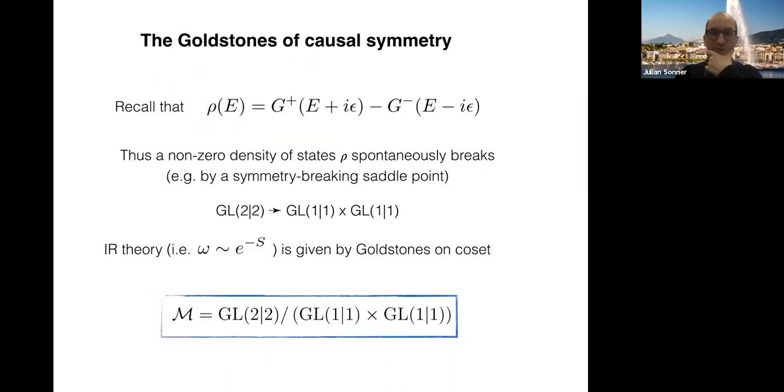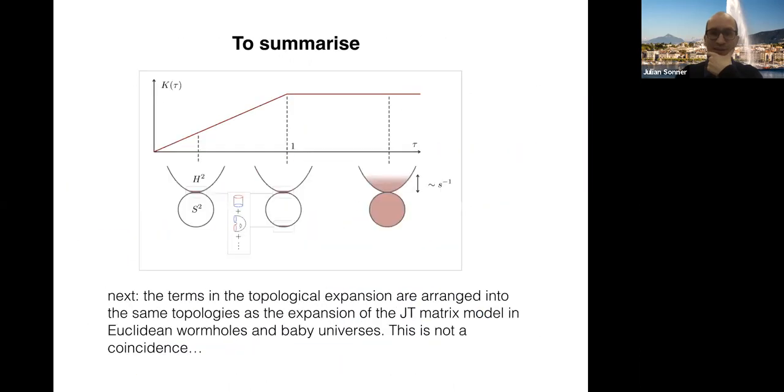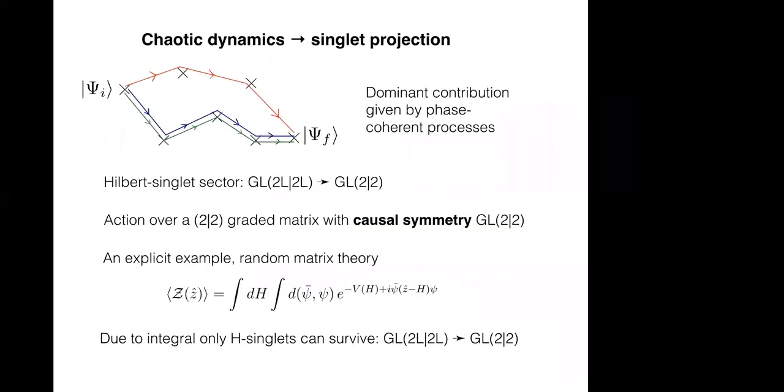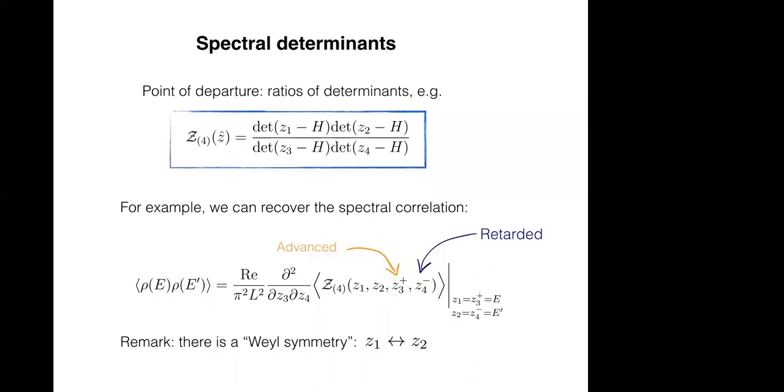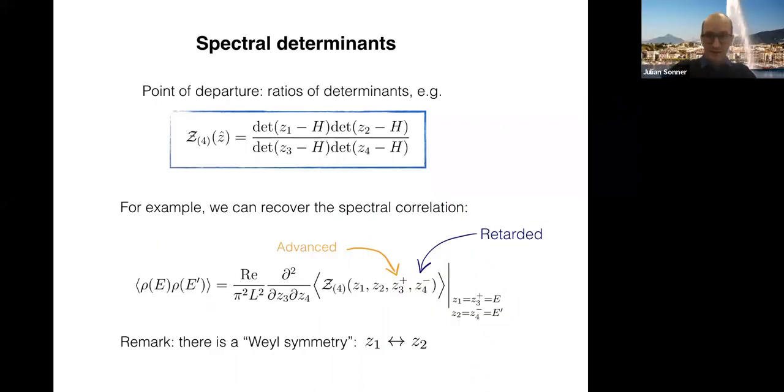So I can preview what I'm going to explain to you here. Here I'm going to tell you exactly the origin of all these things. But I'd like to introduce some technical things, as you can see. So let's do it. The point of departure is to calculate spectral determinants. Those are the quantities that are going to be the nice quantities to develop this whole formalism.